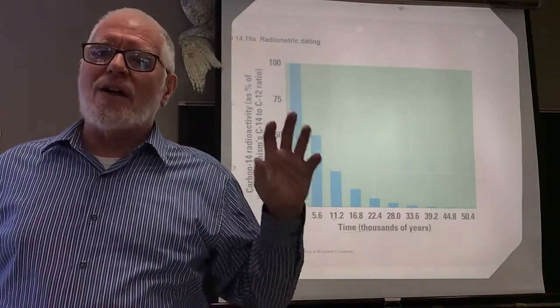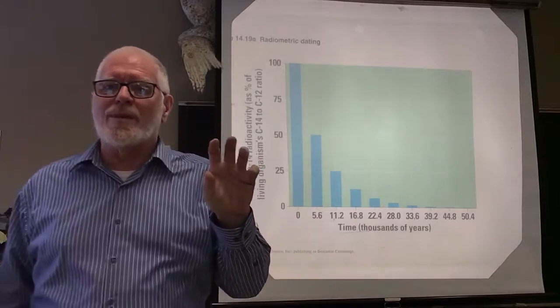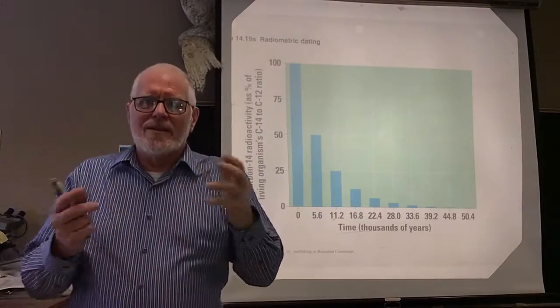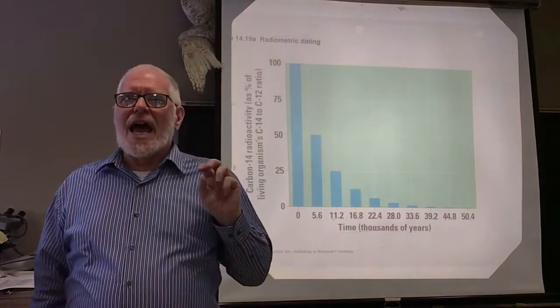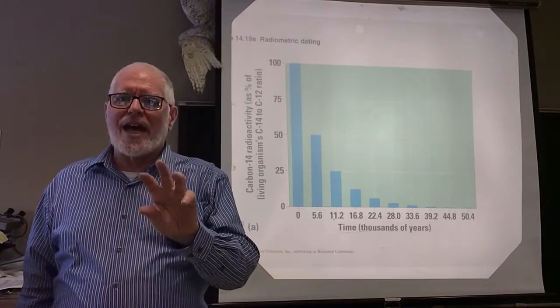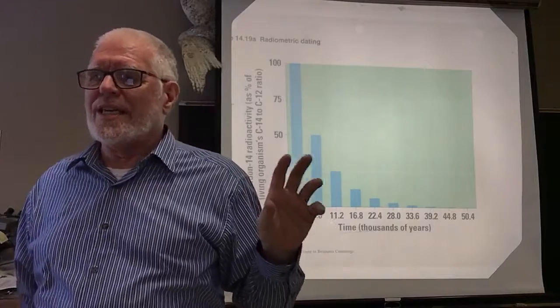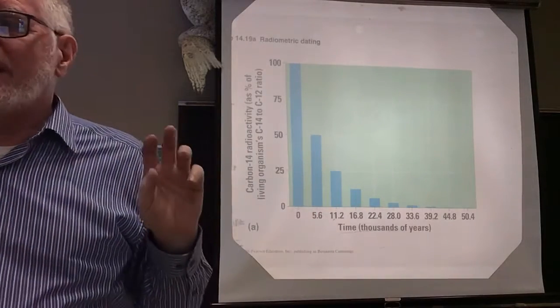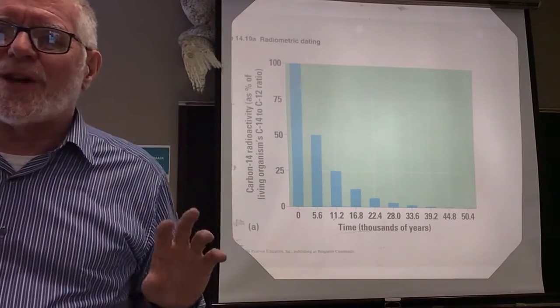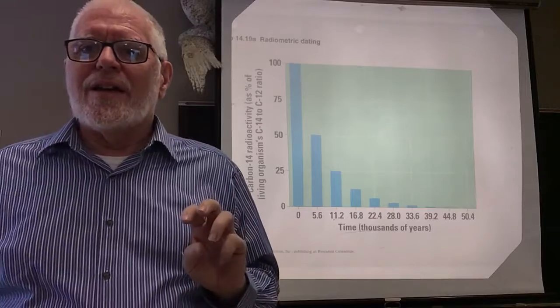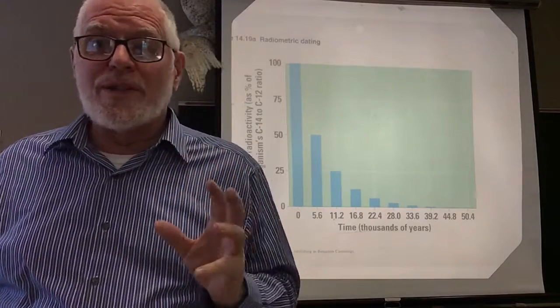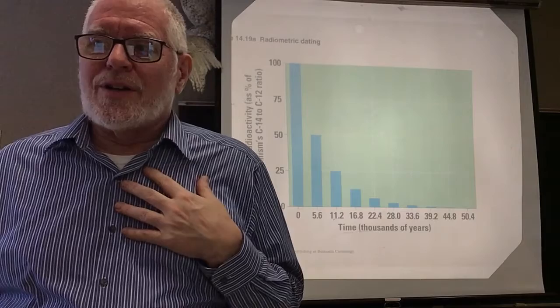Radioactive half-life is how long, if you start with this radioactive material and it changes into something else, before the amount you started with, there's only half of it left. And for carbon-14, the half-life is 5,730 years. Now you start with a very small amount, like I have carbon-14 in me.